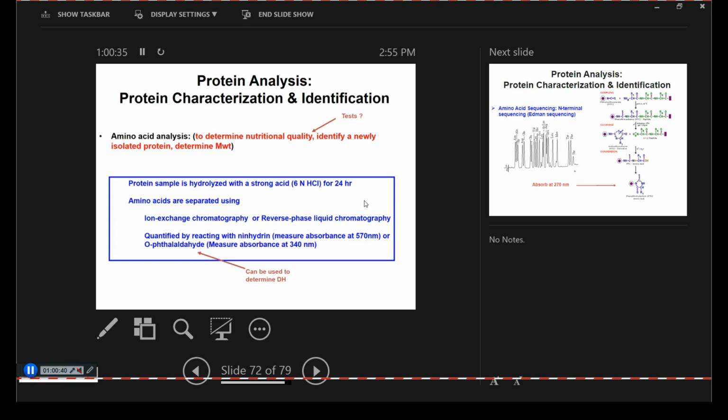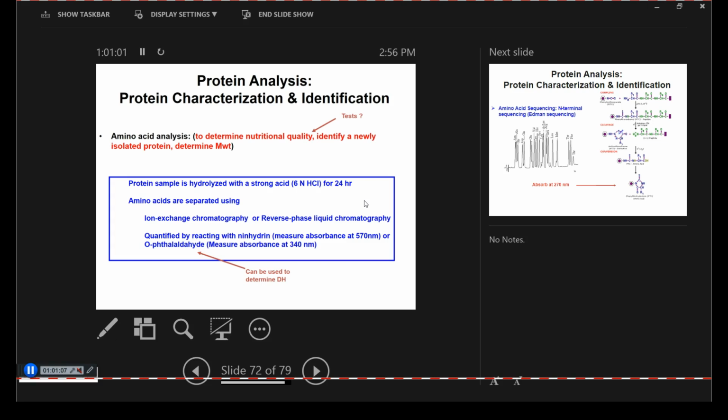So looking at characterizing it from the amino acid perspective. And sometimes you can determine amino acid and then deduce the molecular weight. By determining the composition of amino acids, you can calculate the molecular weight, which is the most tedious way of doing it. You better use LCMS to do that, or MALDI.